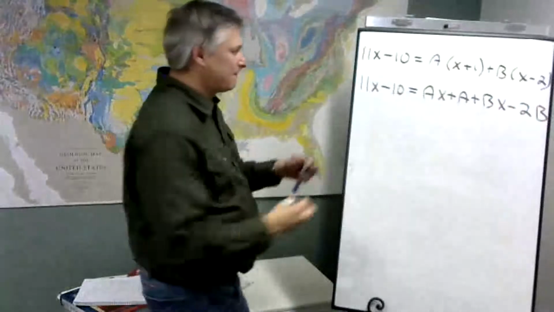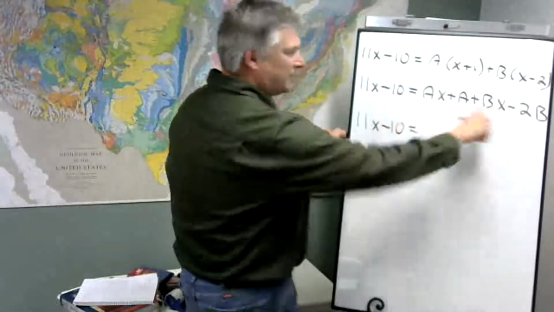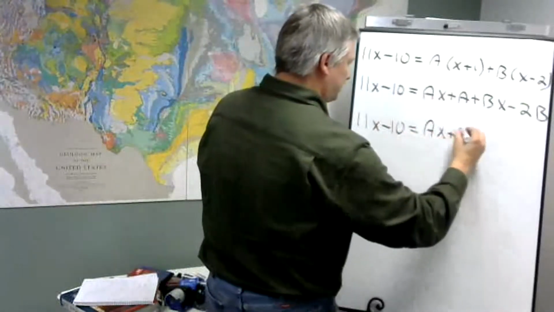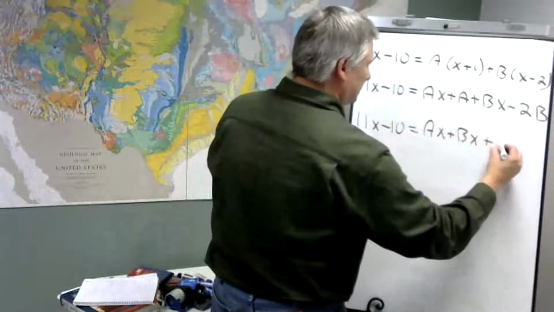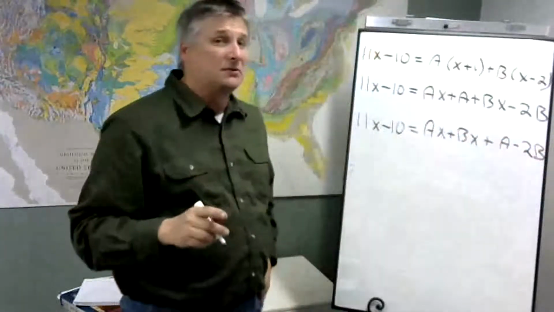So we have this. I'm going to gather like terms on this right side. So I have some x terms, and then some constant terms. And remember, A and B are constants in this case.